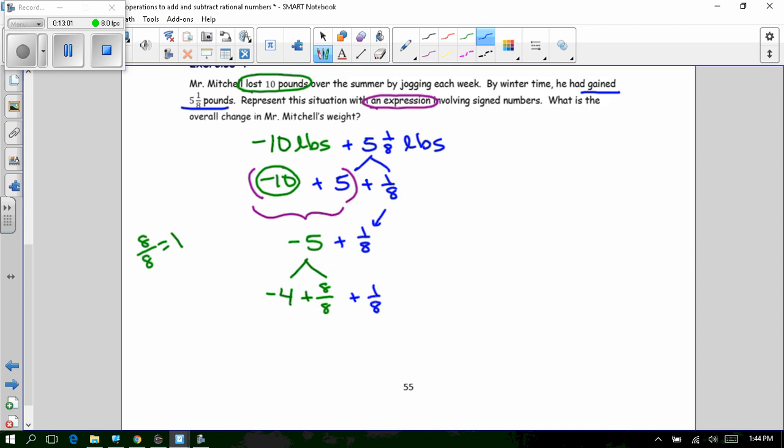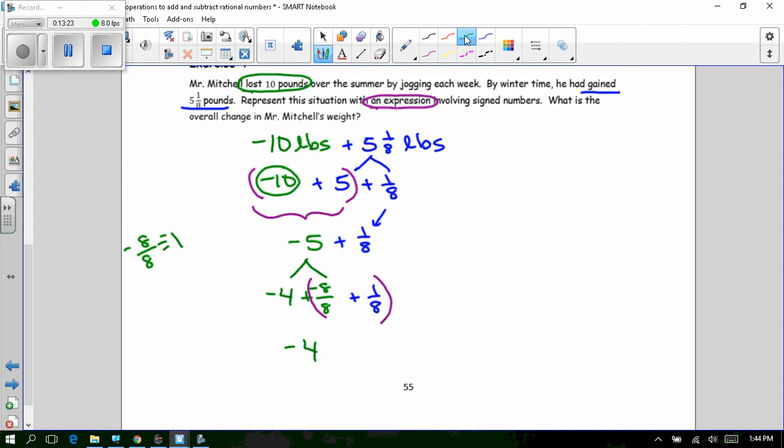And by the way, that is a -8 over 8. Okay, because I need it to be a -1. If I write it that way, now I have common denominators. And now I can put those two together. So the -4 is still out there. And what's -8 plus a positive 1?